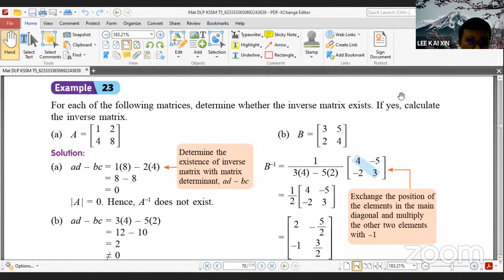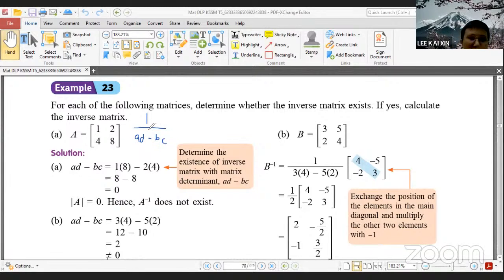Okay, for each of the following matrices, determine whether an inverse matrix exists. So for you to determine the inverse matrices, we need 1 over AD minus BC.